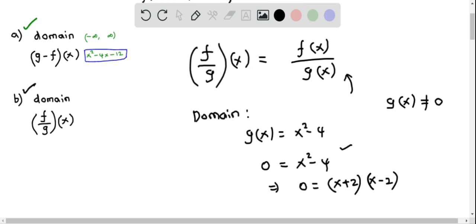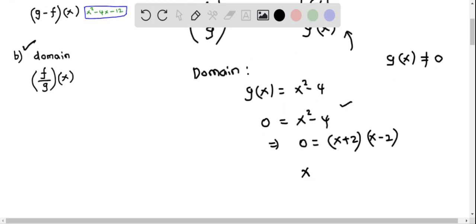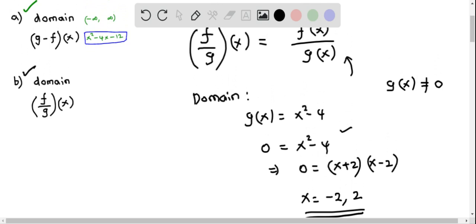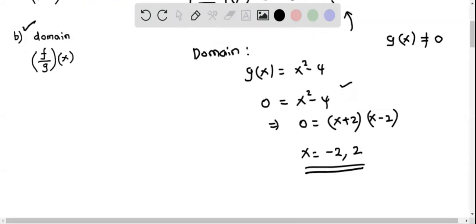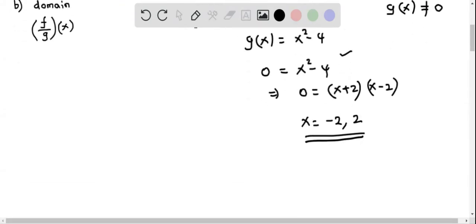So basically this is 0 at x equal to negative 2 as well as at positive 2. So when x is negative 2 and positive 2, g of x equals 0, which means we have to exclude these two values from the domain.